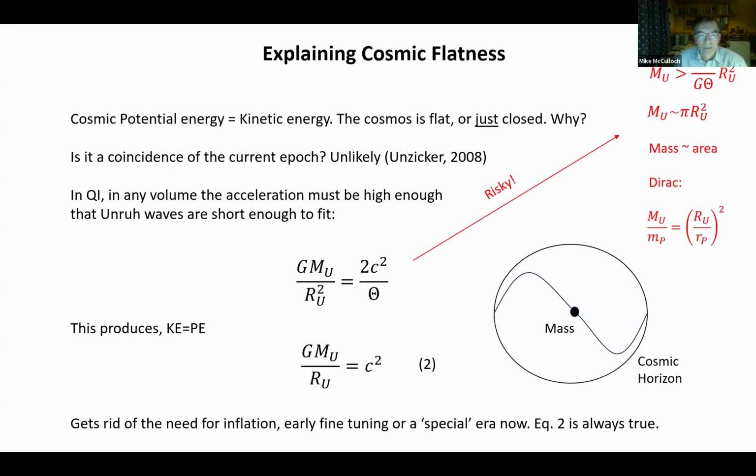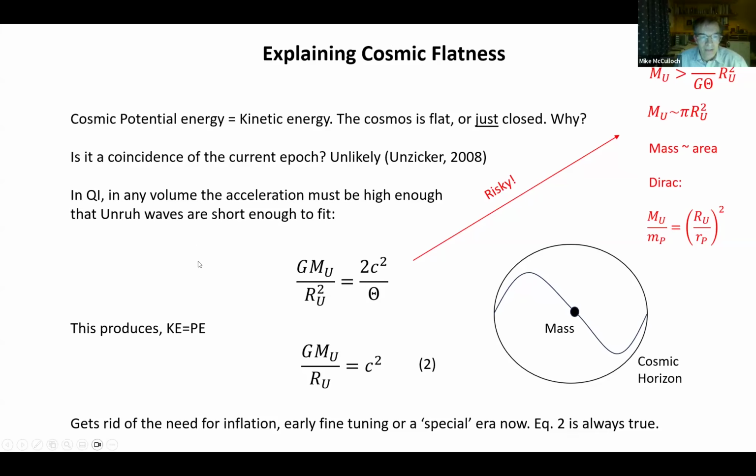So why should this be? It looks very much, with the current model, to be a coincidence of the current epoch. It seems that potential energy equals kinetic energy just at the current epoch, which seems extremely unlikely. And this was pointed out in a paper by Unzicker in 2008.